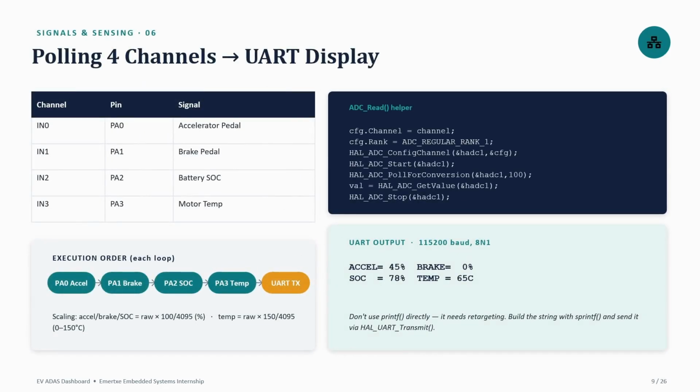Coming on next, we are using 4 channels of ADC. The ADC is connected to potentiometers, which play the important role of the acceleration pedal, the brake pedal, the battery state of charge, motor temperature, and so on. They are connected to the channels or pins PA0, PA1, PA2, PA3.